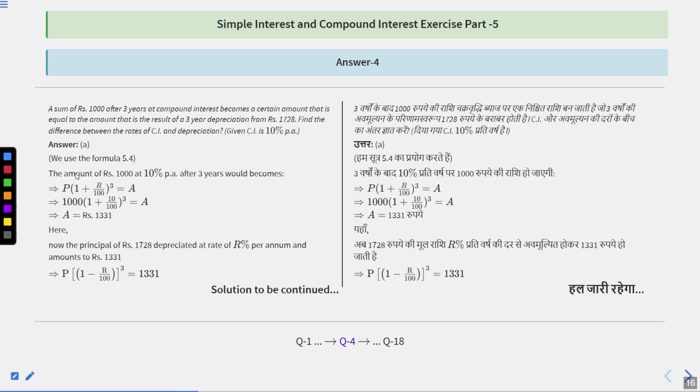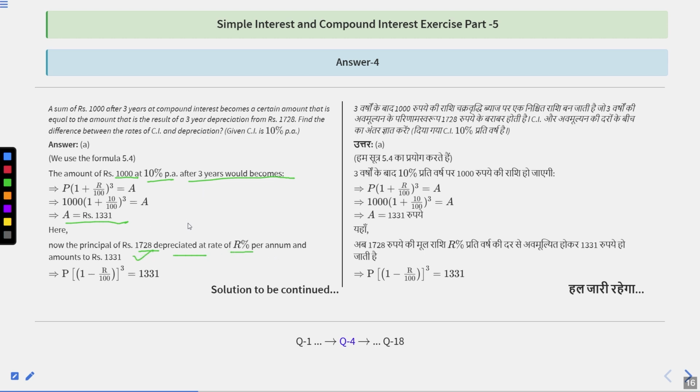According to the question, it is given that the amount of rupees 1,000 at 10% per annum after 3 years will be P into 1 plus R upon 100 to the power T. So when we put the value 1,000 into 1 plus 10 upon 100 to the power 3, A will be 1,331. Now the principal is 1,728, depreciating at the rate of R% per annum, and the amount is rupees 1,331.